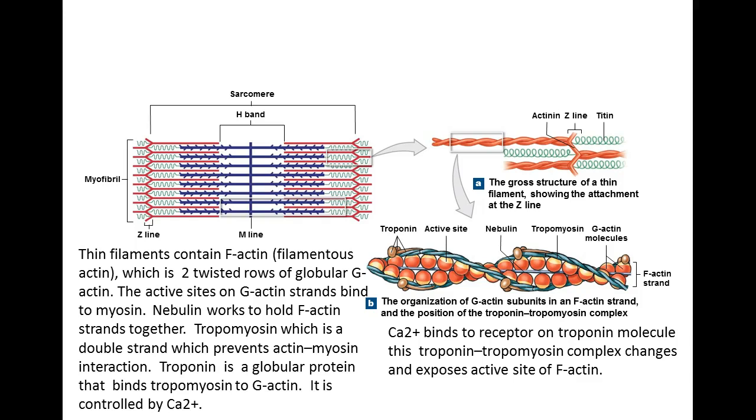But when that has been released from the active site by the presence of a calcium ion, then you have the setup for the thick filament to attach to that active site and pull this muscle and create a contraction.